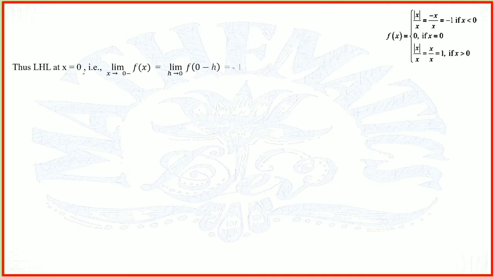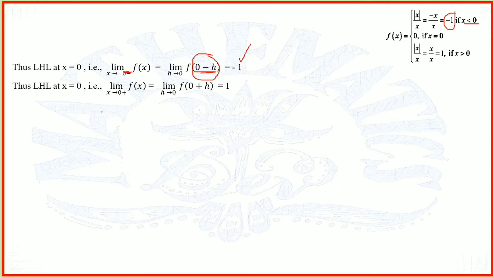Thus the left hand limit at x equal to 0, with 0 minus superscript, is the limit of f(x) as h tends to 0, and as I told you, 0 minus h. Now we are taking the left hand limit, when x is less than 0. At that point the value of the function is simply minus 1, so we put minus 1 directly, with no need of checking, because the function is itself the constant minus 1.